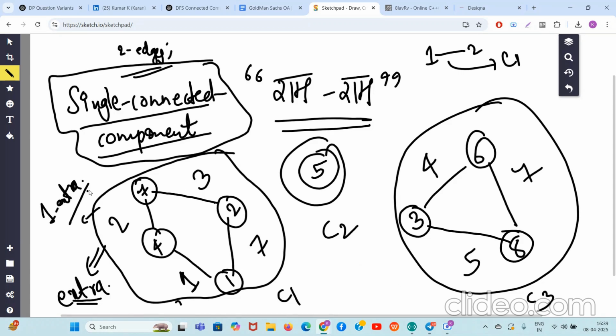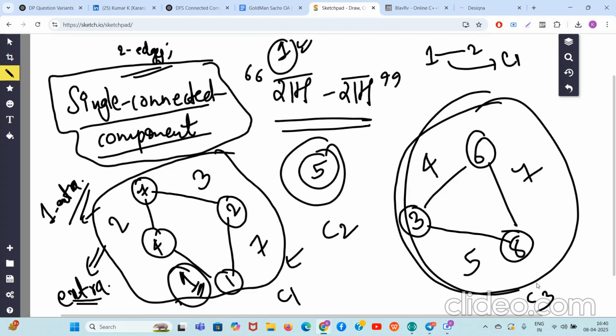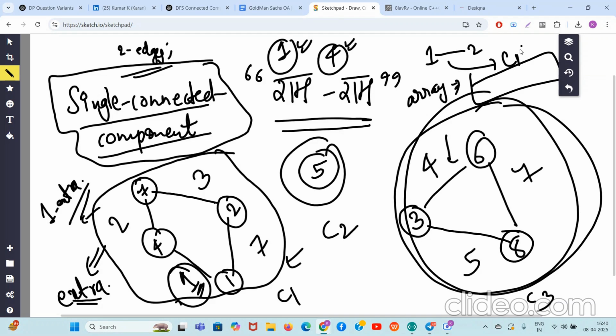But which one will you declare as extra? The one which has the maximum cost. Sorry, the one which has the minimum cost. So here there is an edge of value 1 which is extra. Here which is extra? This 4. So like this you will create an array of all the extra edges.